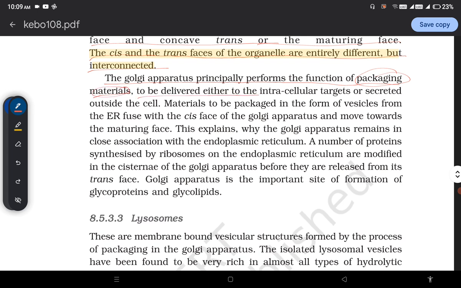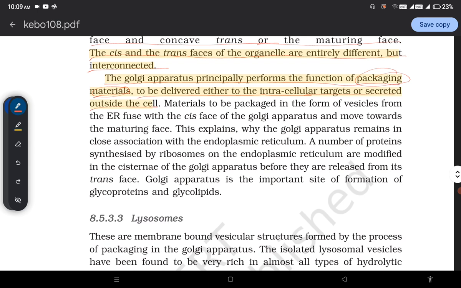To be delivered either to the intracellular target or secreted outside the cell. हाँ, यही काम करता है. या तो इंट्रासेलुलर टारगेट पे, या सिक्रेट करेगा आउटसाइड ऑफ द सेल.